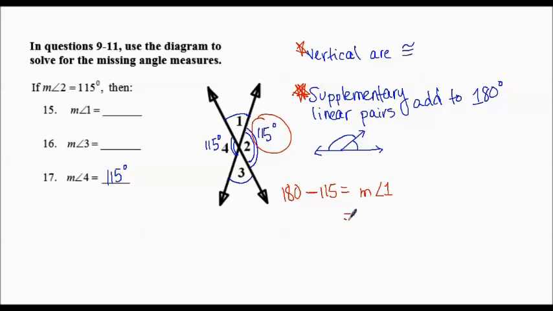So that's exactly what I'm going to do. 180 minus 115 is 65 degrees, and that is the measure of angle 1. So I can go ahead and put that here. I can also add it to my drawing so that I don't lose track of it. And as soon as I write it in there, it helps me see, wait a minute, angle 3 should be the same because it's a vertical angle with angle 1. So that is also 65 degrees.